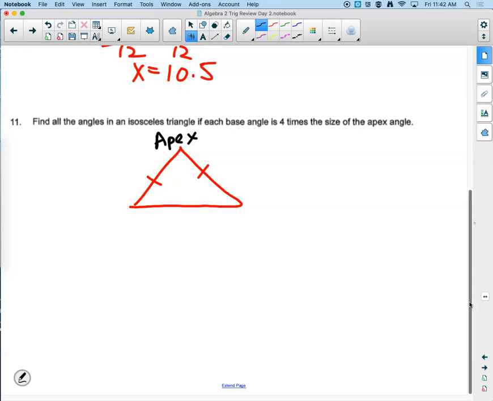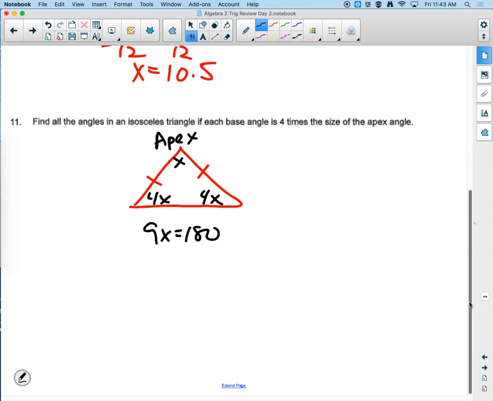So, do we know the size of the apex angle? What do we know about the base angles? 4 times the size. Well, then each one of these is 4x. How many degrees are in every triangle? 180. 4x plus 4x plus x, 9x equals 180, and I'll leave that one to you because I know you can get that one. And then plug it back in so you can find all of those angles.